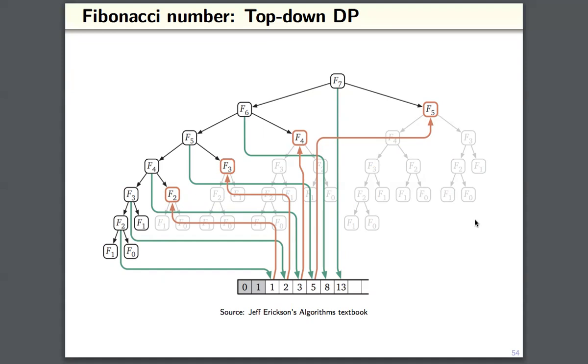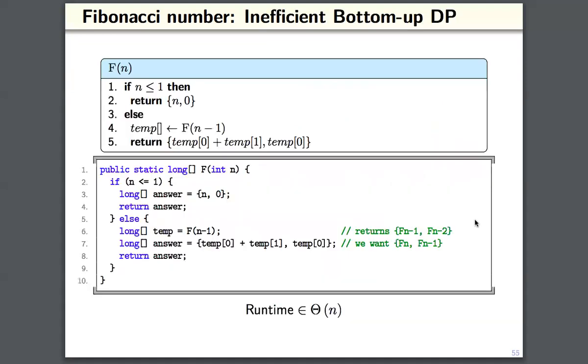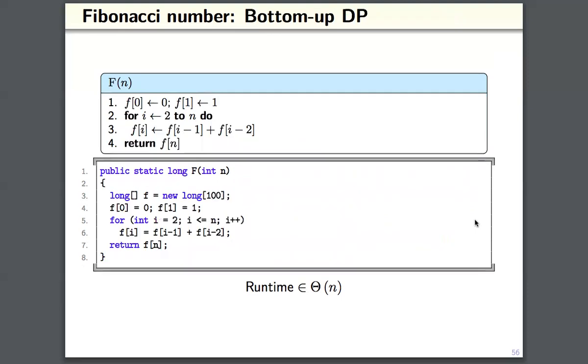Make sense? Next. Here is one very inefficient bottom-up DP. So I will skip this. You can learn this program on your own. This is not that important, but it's another way to solve the problem. You can learn at your own pace.